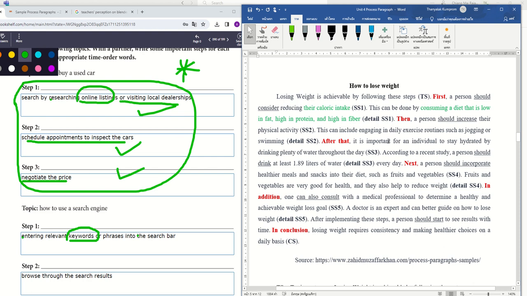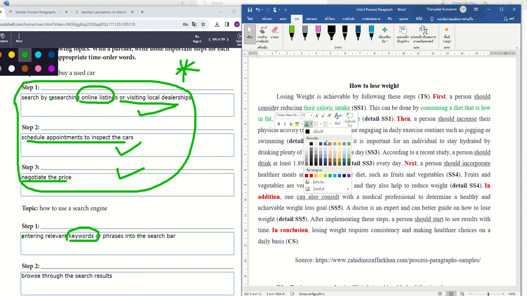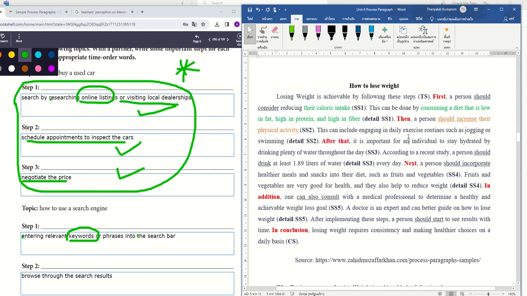Relevant, same idea: should increase physical activity, and then daily exercise such as jogging and swimming. So you can see the relation and the connection between the main supporting sentence and the detailed supporting sentence.